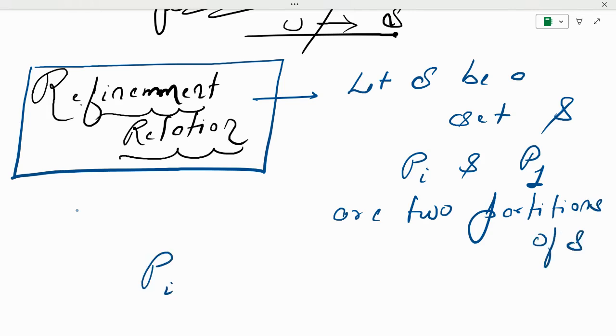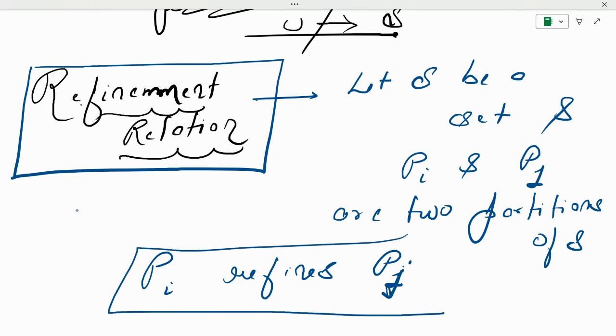Pi refines Pj. Now, what does that mean? This is a very important thing to note.